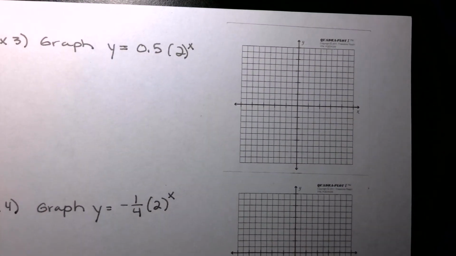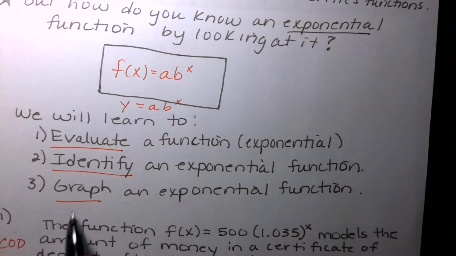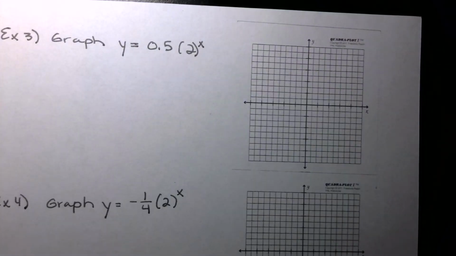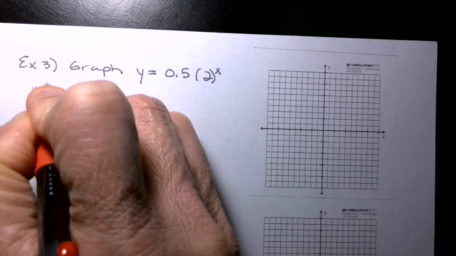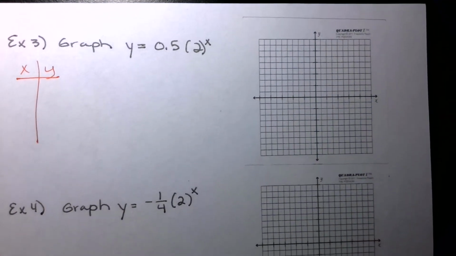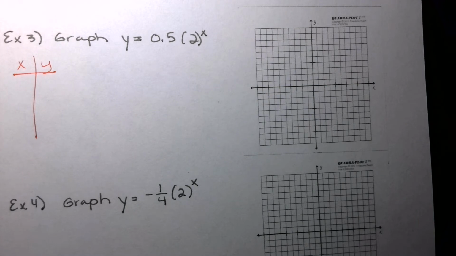So now let's go back to the third piece, our graphing. Yay! So I have these lovely little graphs here, which I put on the page for you. And I'm going to go ahead and do an XY chart. You know how I typically say it's good to start with certain values when you're doing this?